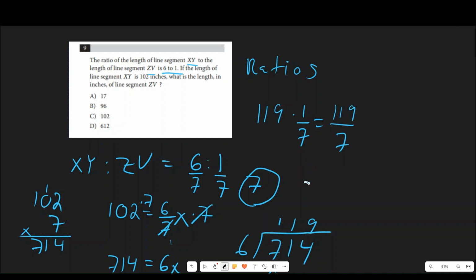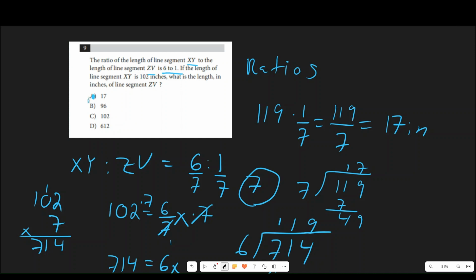Let's divide that out. 7 goes into 11 one time, and then we get 4, and then 7 minus 7, and we get 17. So then we know that our ZV is going to be 17 inches. Is there an answer like that? Right here, there is.